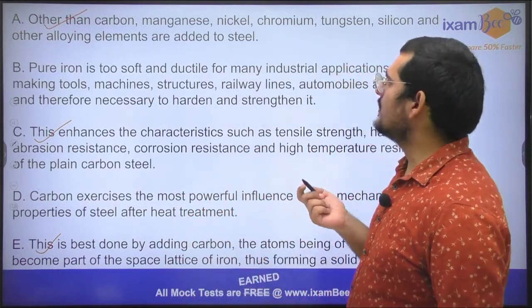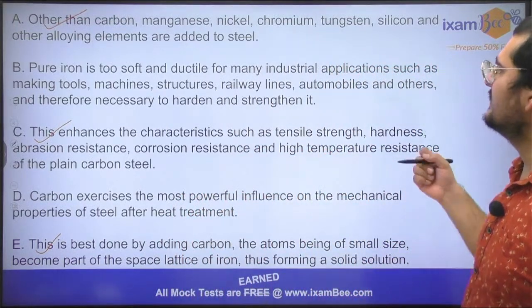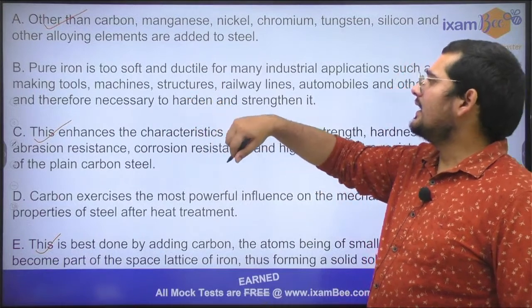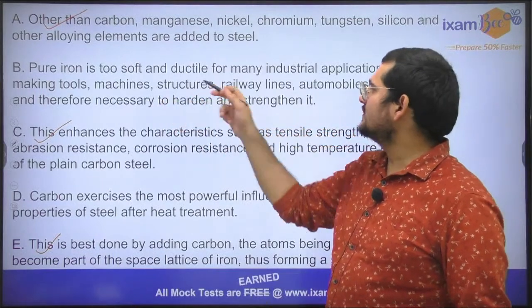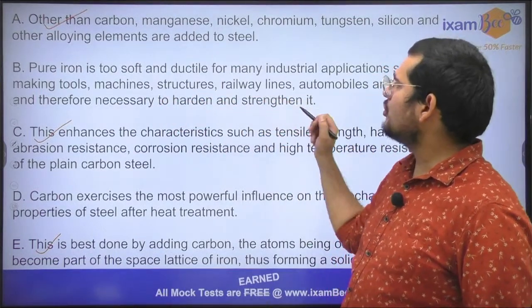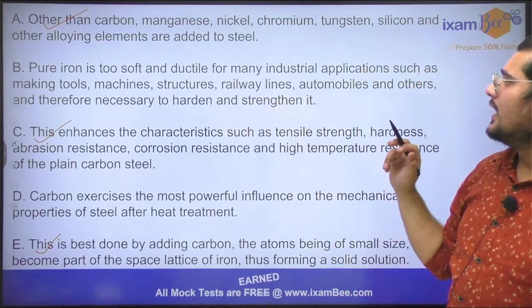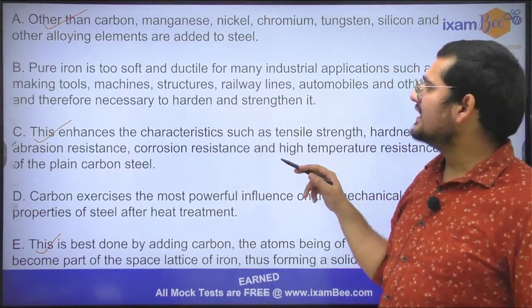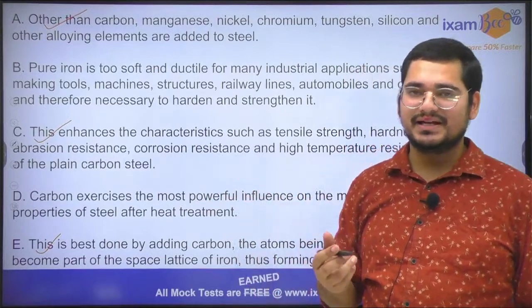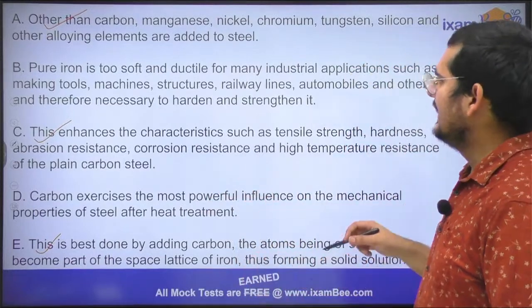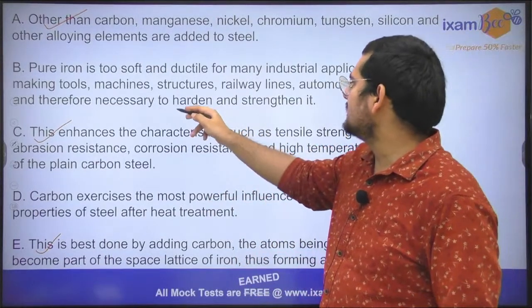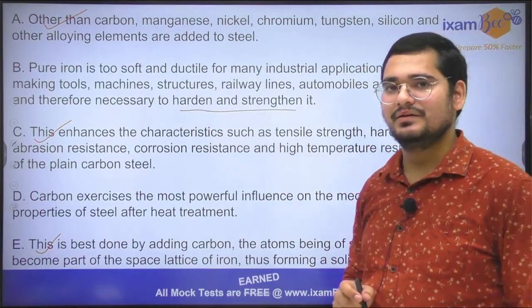It's so soft that it cannot be used in manufacturing of these products, for example in automobiles, or to build railway lines, or machines or tools, etc. So what needs to be done is it needs to be hardened and strengthened, right?